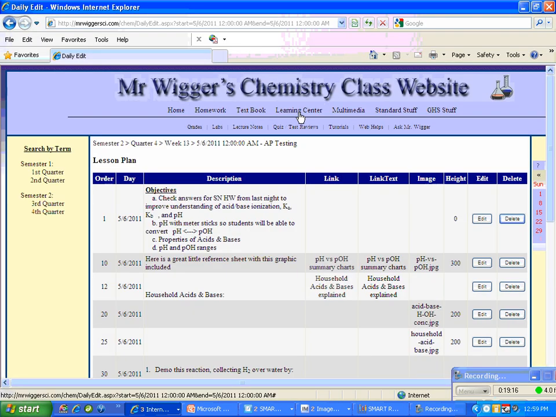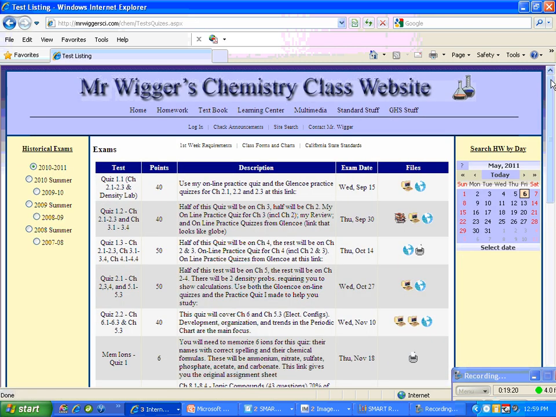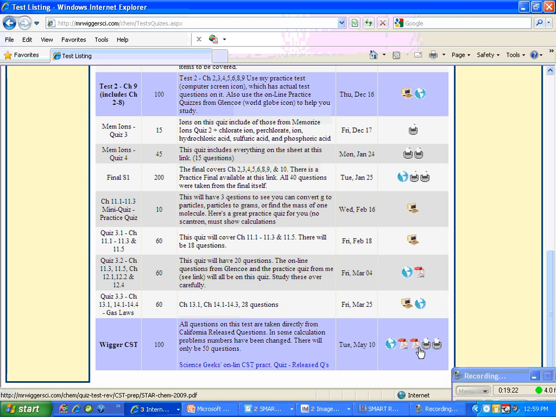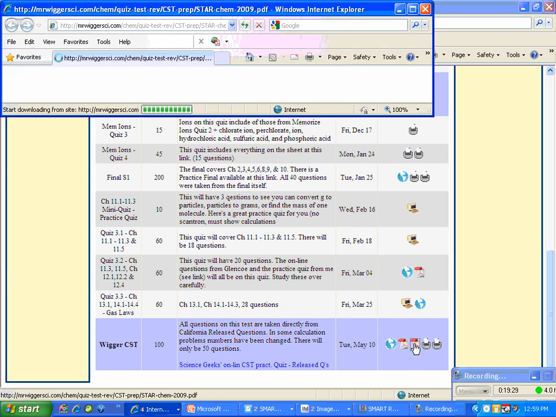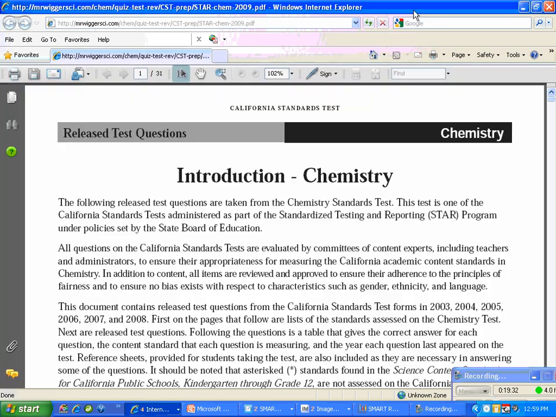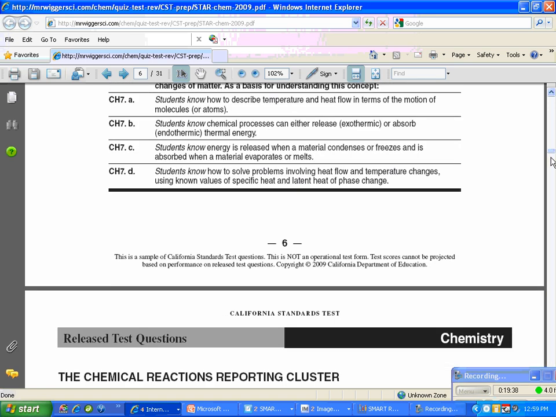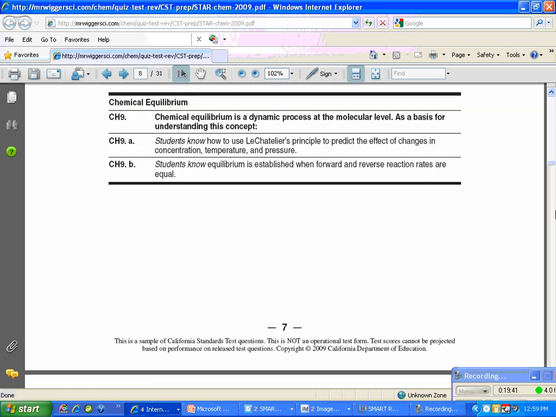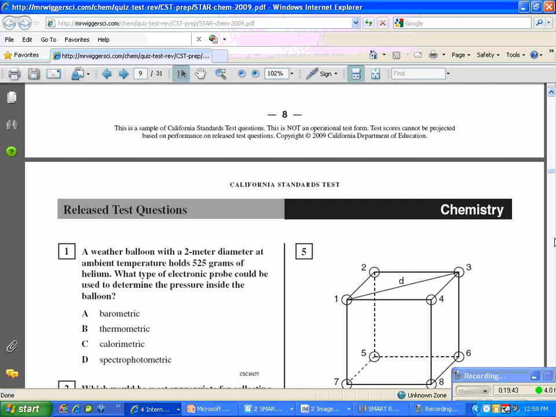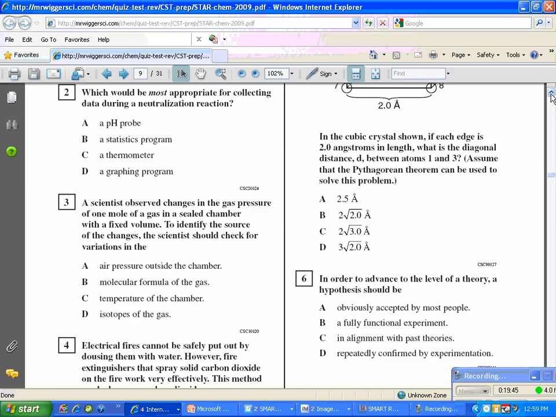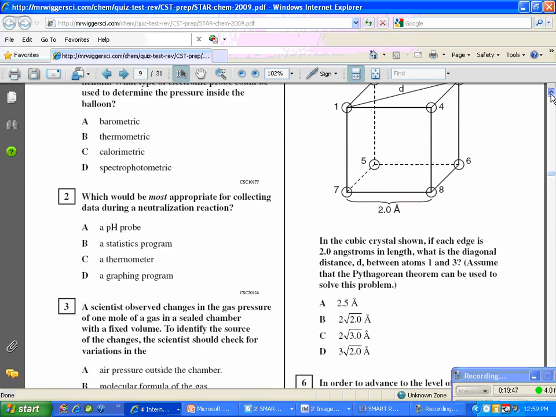Learning Center, test quiz reviews in my website. Down at the bottom, this little dude right here, CST release questions, State of California. When you click that, this is where you're going, and you want to go down until you get to questions. Questions are going to start here, I think, on page 9. Yeah, there it is.